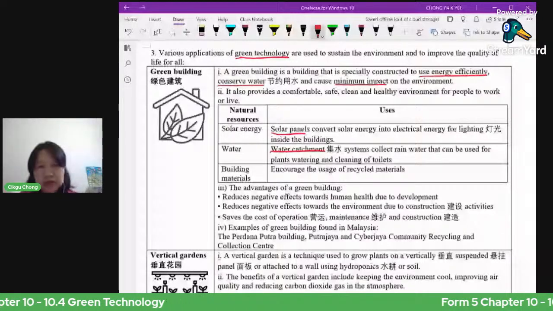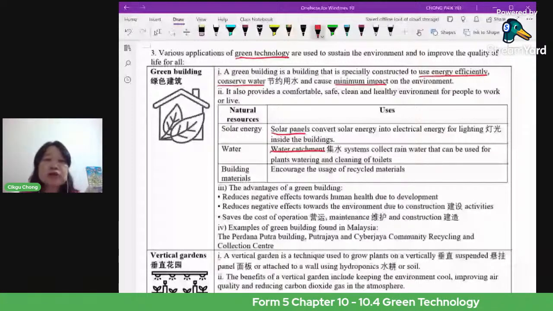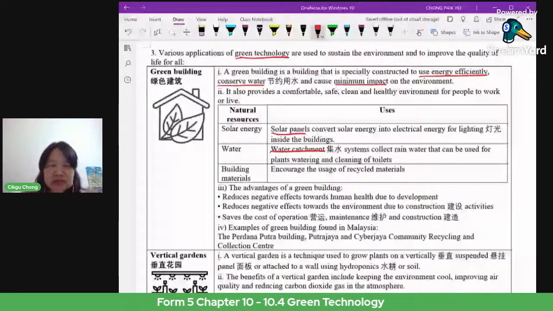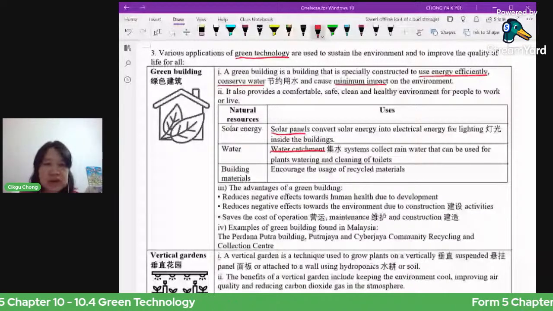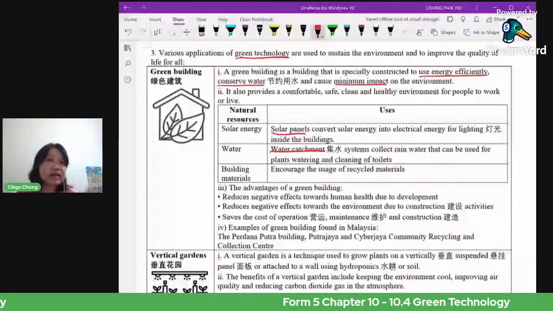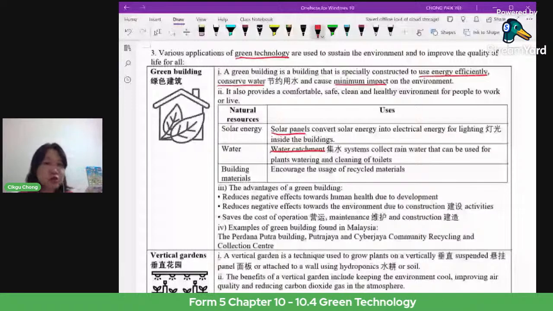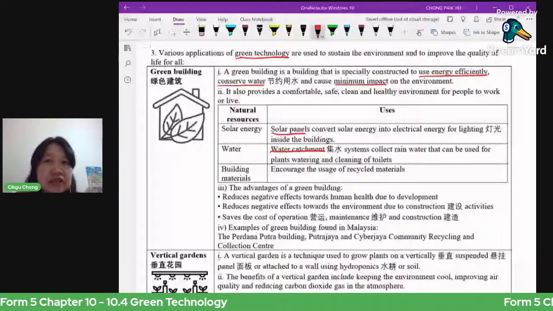Okay, save the cost of operation, maintenance, construction. That means saving is always a good virtue, right? Saving things, don't use too much, right? So examples of green building: all these products have actually been specially designed and certified as green building. They have to follow certain criteria in order to pass as a green building.